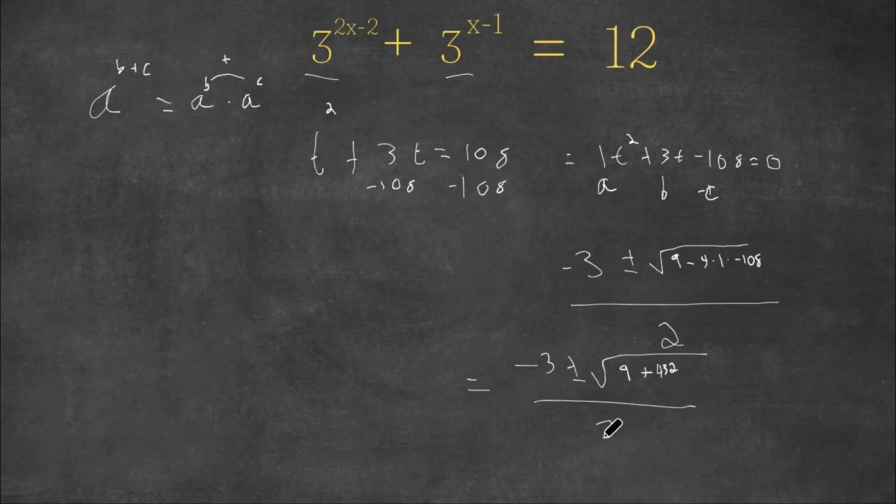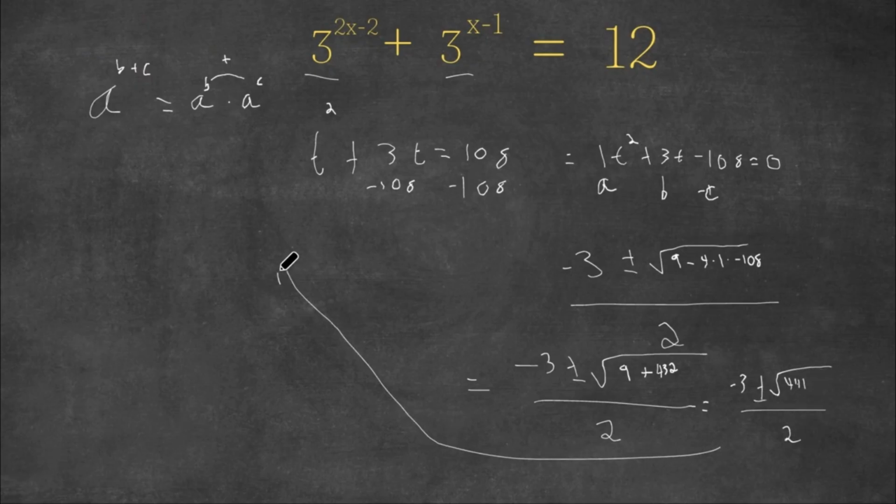And we're still dividing this by 2, and this would equal negative 3 plus or minus the square root of 441, over 2. So now, the square root of 441 is going to be 21, and divided by 2.